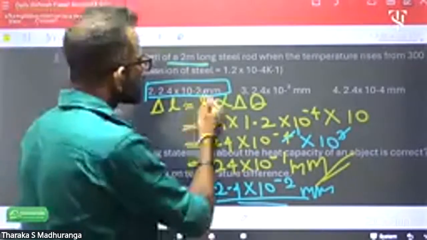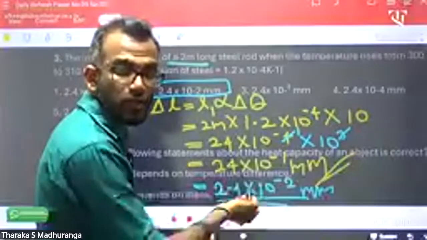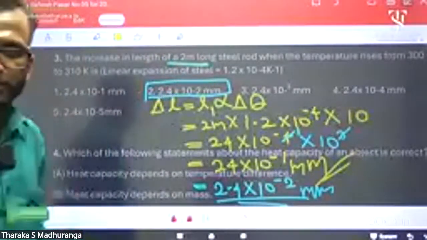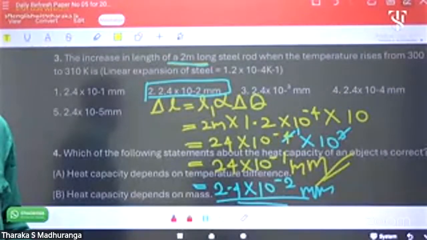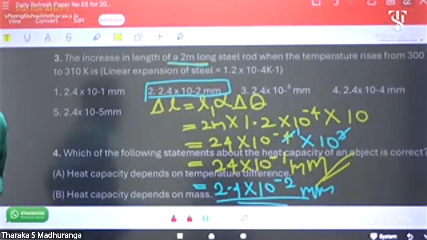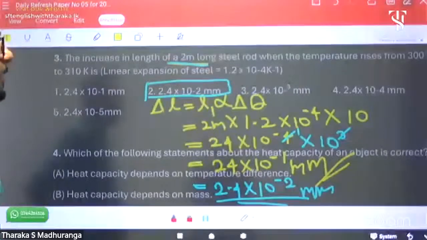But we don't have 24 in the answers. Then I got 2.4, which means 24 divided by 10, converted into minus 2. Understood?